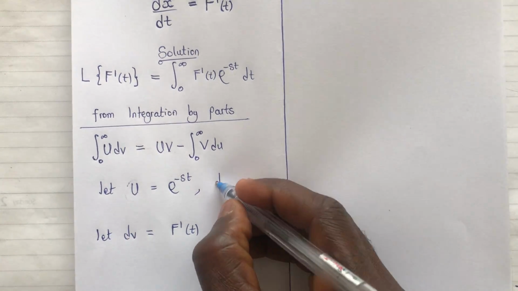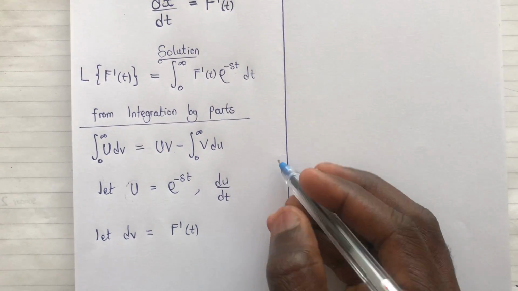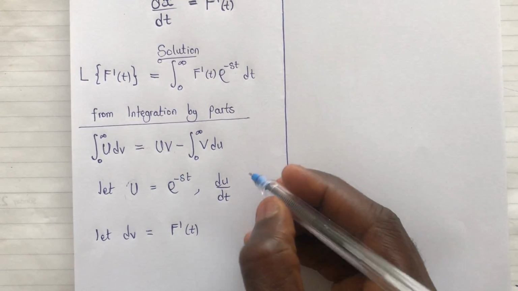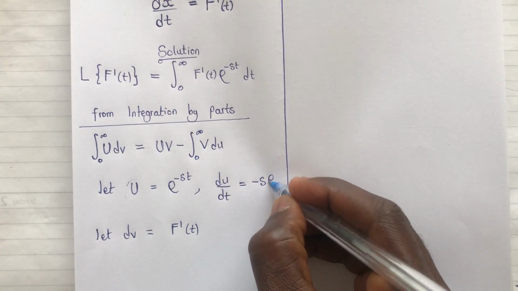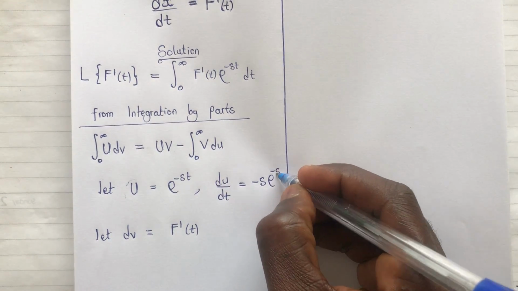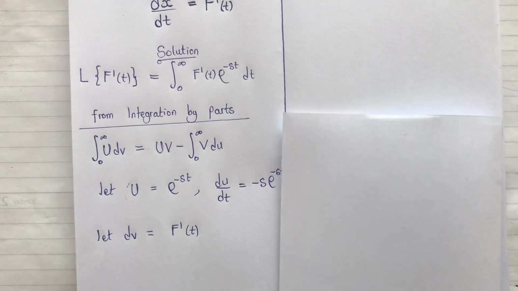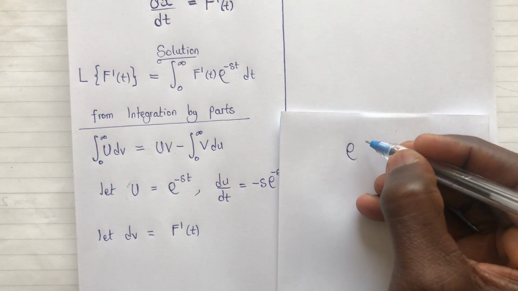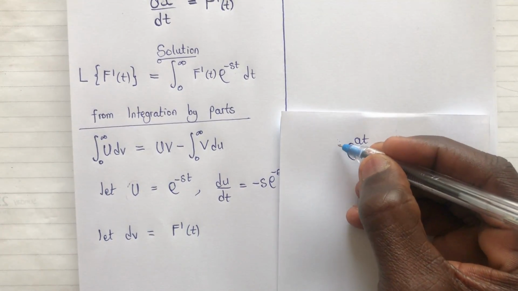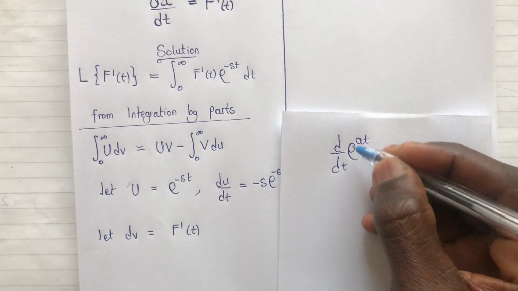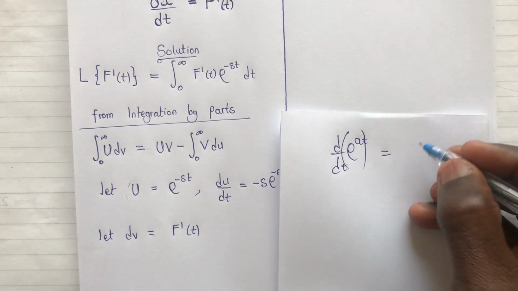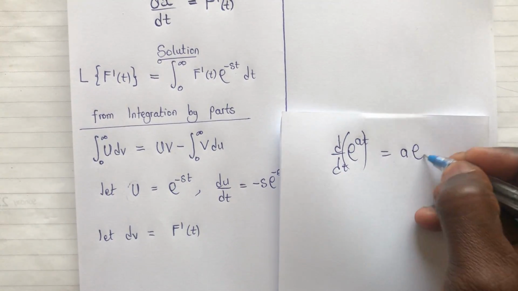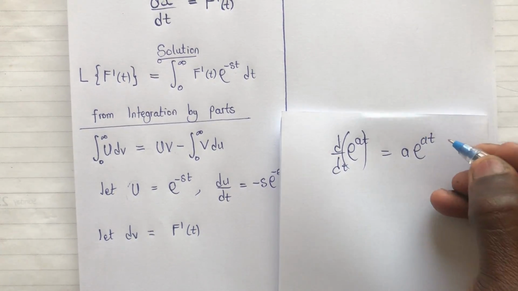Once we differentiate, what are we getting? The differential of this is equal to negative s e to the power minus st. When you have a function e to the power at, the differential of this is a times e raised to the power at.